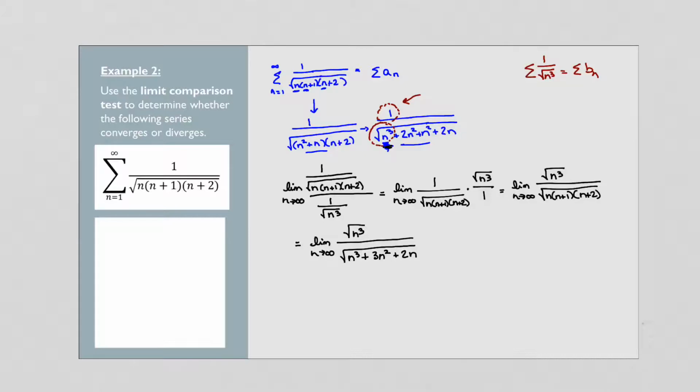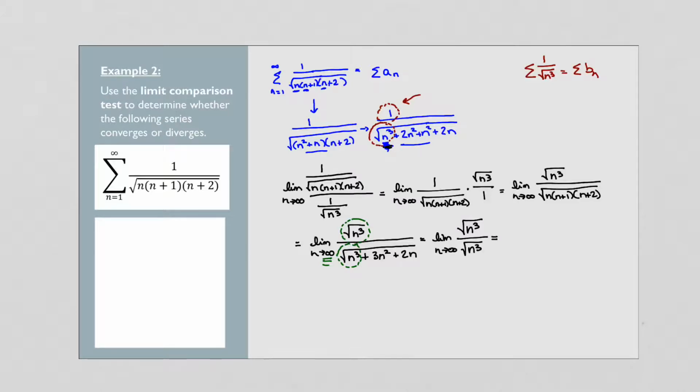Now, as n goes to infinity, only the highest degree terms in both the numerator and denominator really have the effect that I'm looking for. So I'm taking the limit as n goes to infinity of the square root of n cubed over the square root of n cubed.